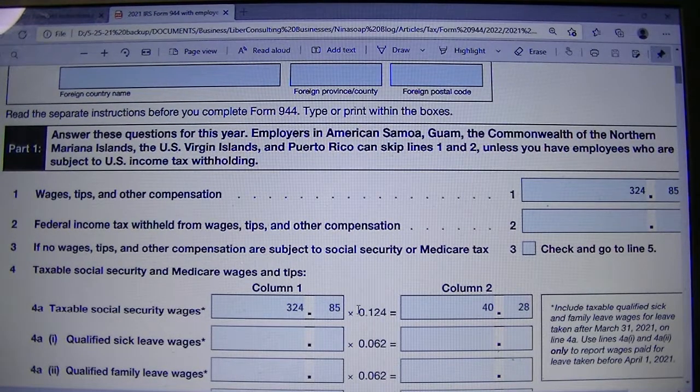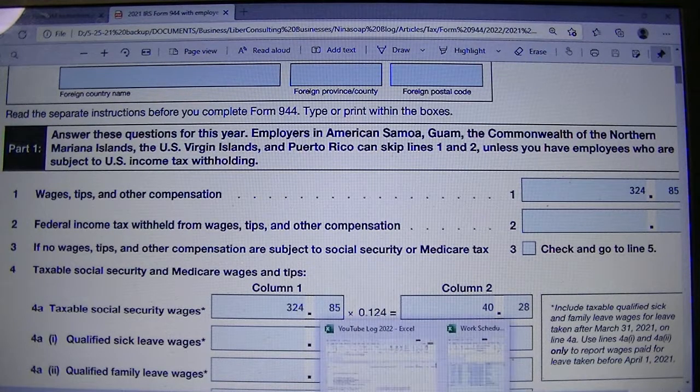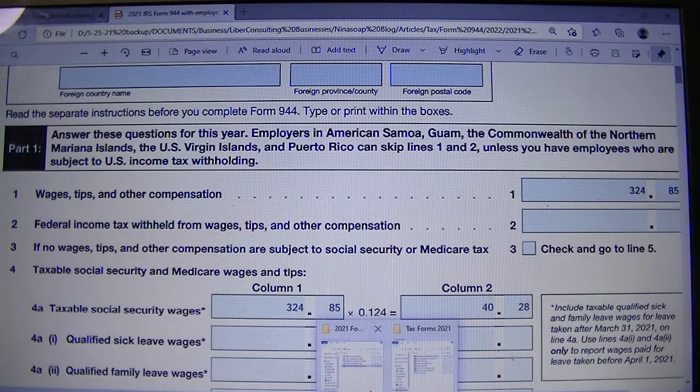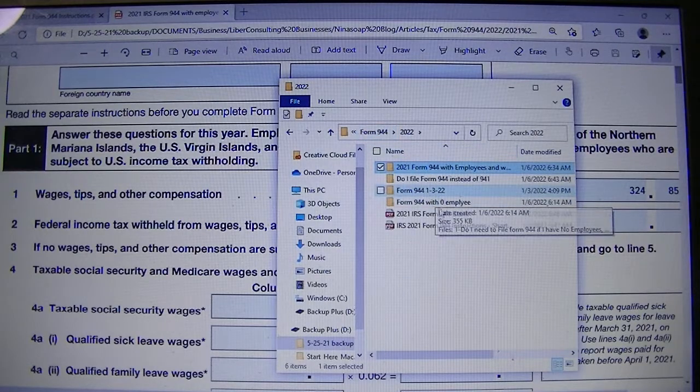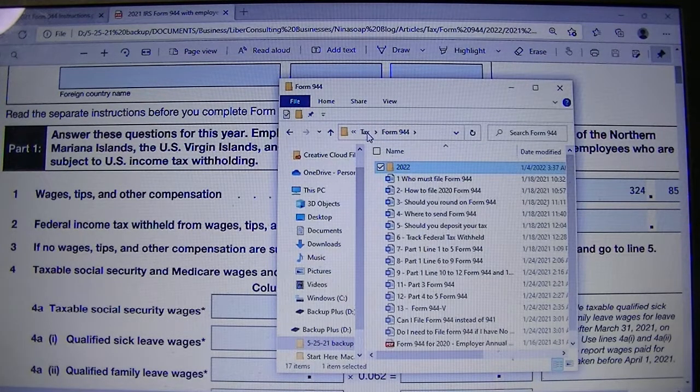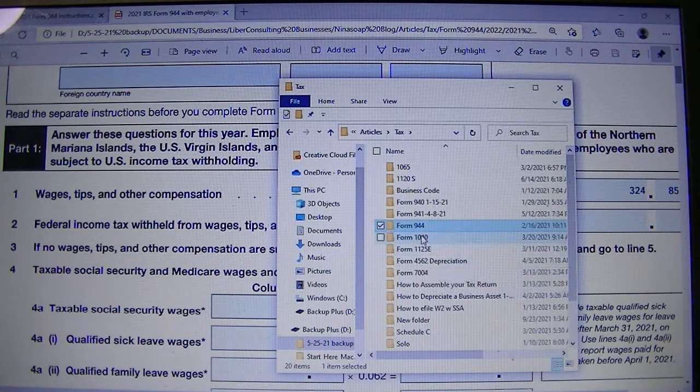If you are not using software, you can use a spreadsheet to track it, and I will probably explain that in another video.